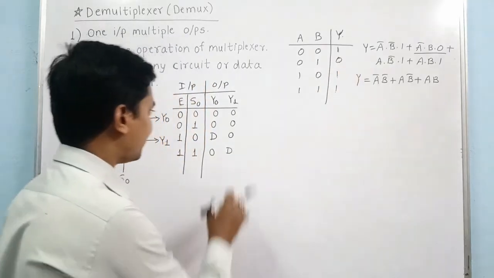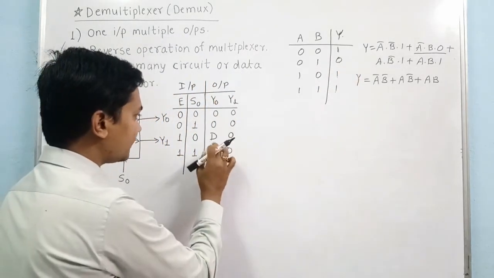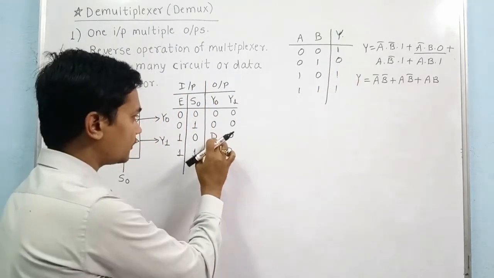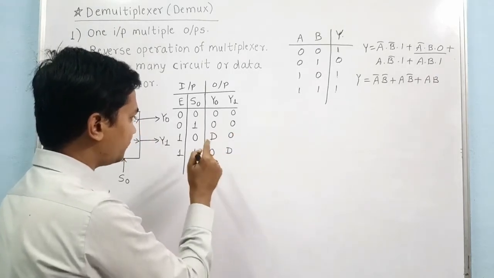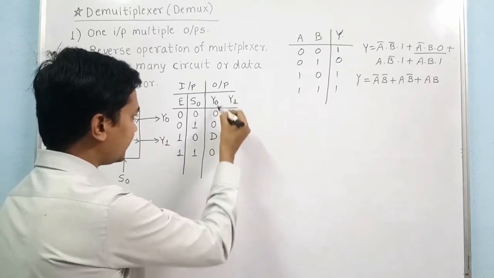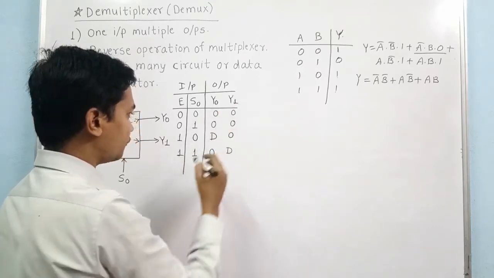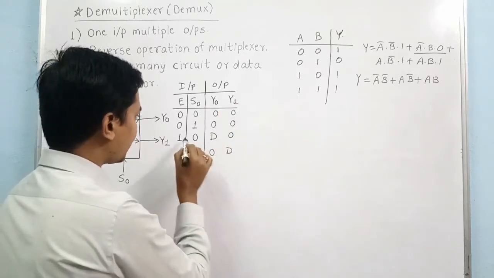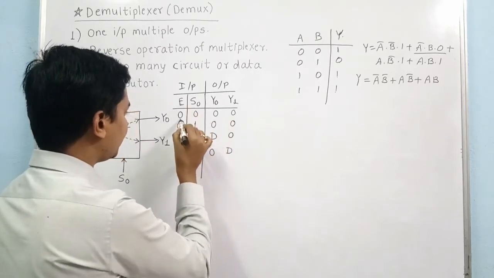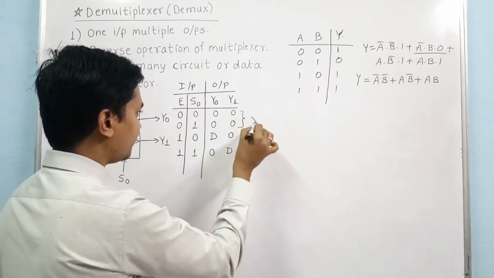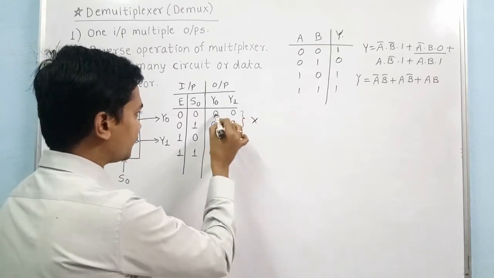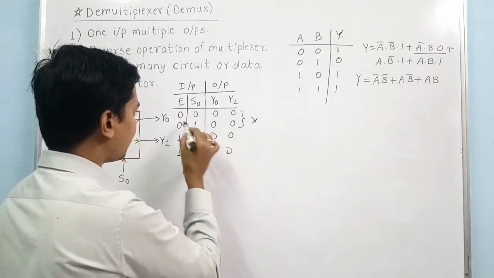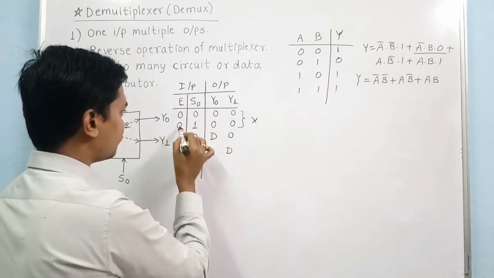Similarly, whichever output has a non-zero value, meaning 1, or a value we don't know, only those combinations should be considered for the individual Y1 or Y0. Here for E equal to 0 we will not consider this output combination, because anyhow the Y0 and Y1 outputs are 0 0 when E is equal to 0.